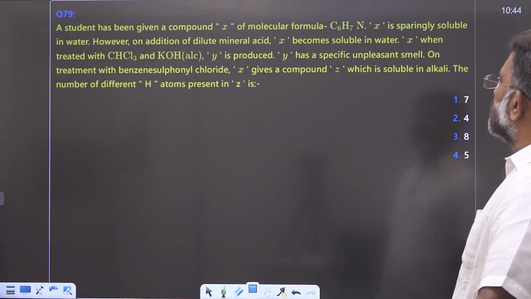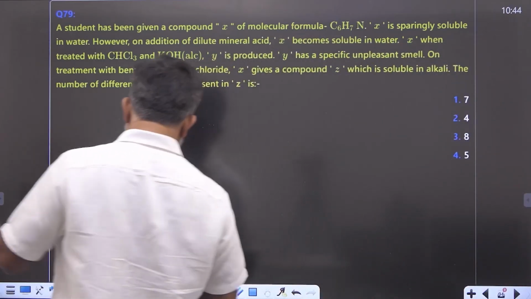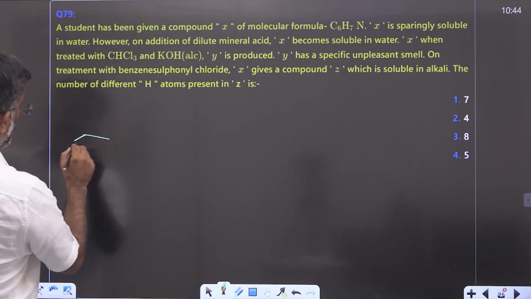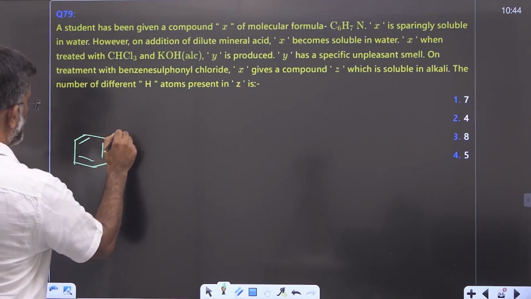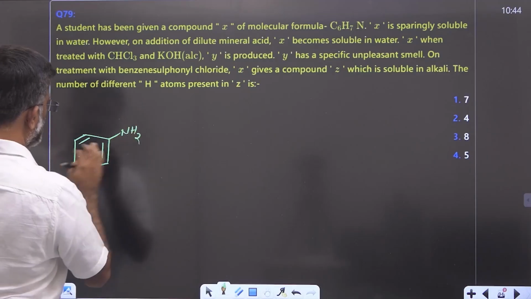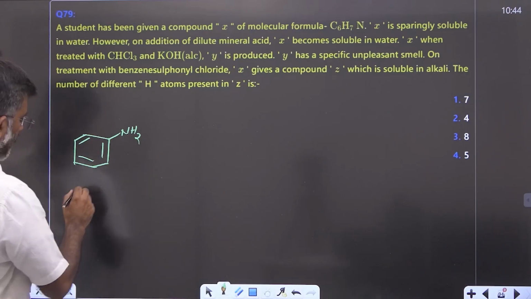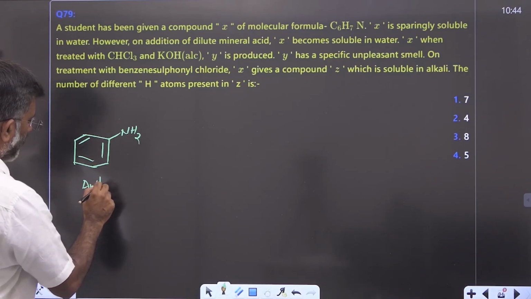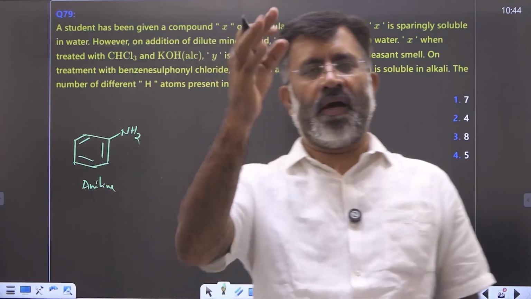So C6H7N. Isn't it aniline? C6H5NH2. C6H7N is aniline. From the description, we can understand the compound is aniline.